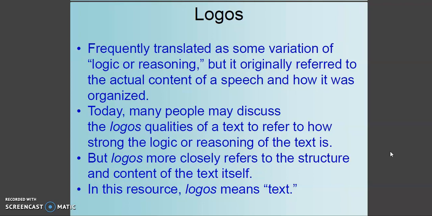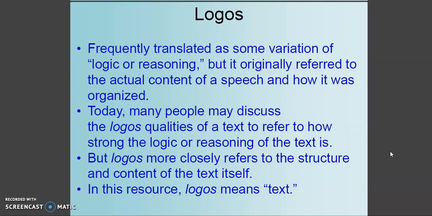But other commercials might do a better job of making a logical claim about their product, about their company, or about the people that work for that company. But either way, logos is related to the argument that the author is trying to make. Again, logos does not have to just relate to companies or advertisements.